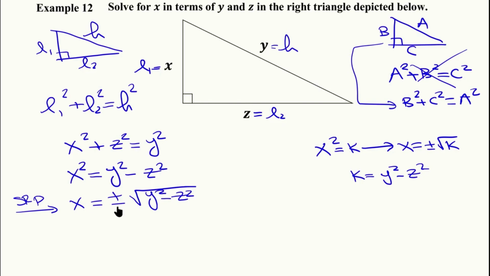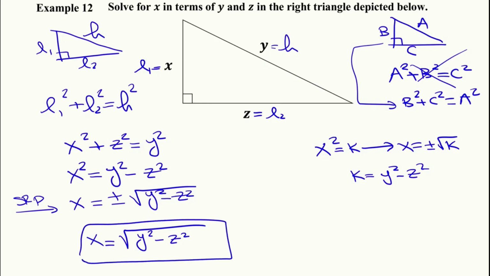So when you multiply it by negative, it'll definitely become negative. So we have to reject the negative. We're only going to accept the positive case. We get the square root of y squared minus z squared. And that should pretty much wrap that up.